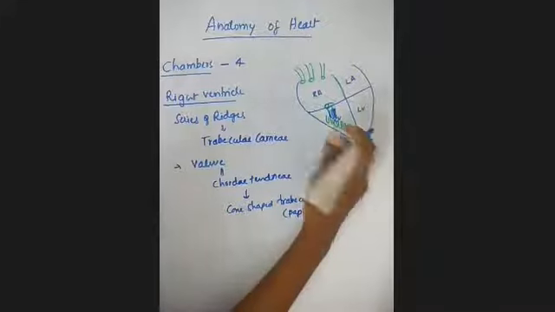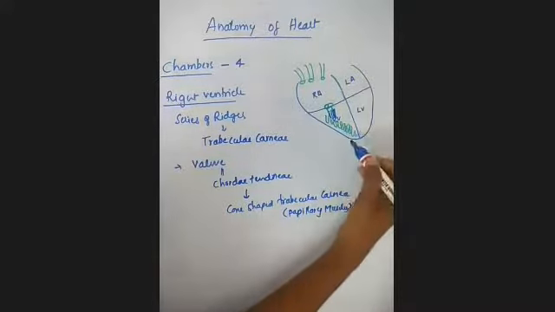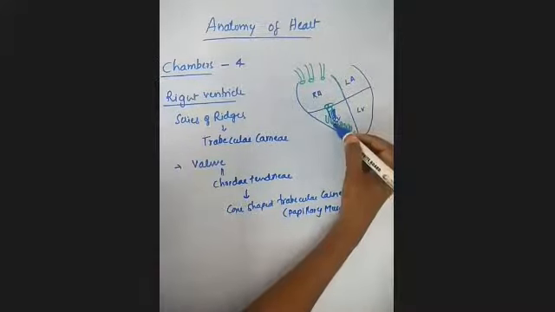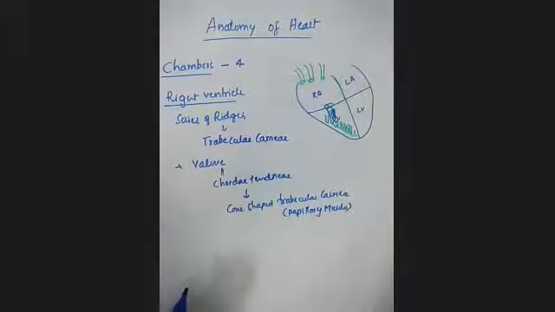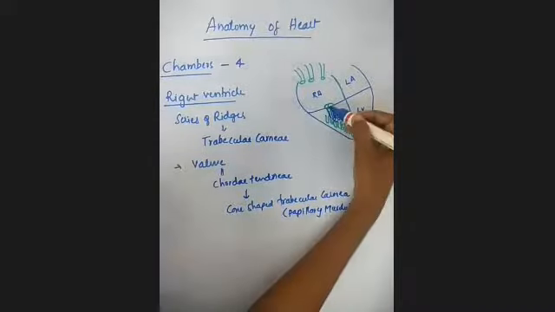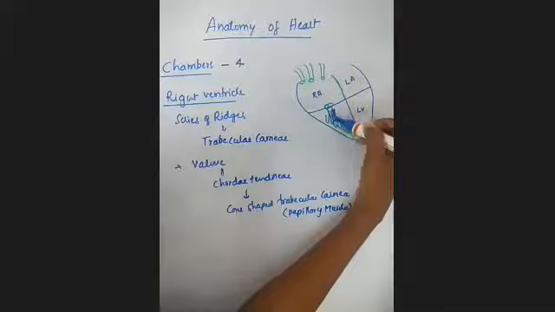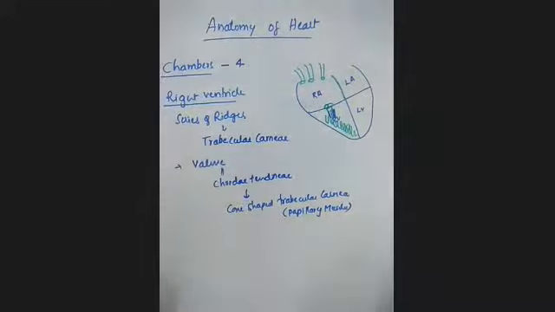Generally these ridges you will call trabeculae corneae, but if any of them is cone shaped, you will call it a papillary muscle. So the cusps of the tricuspid valve are connected to the thread-like chorda tendineae, and the chorda tendineae are connected to the cone-shaped papillary muscles.